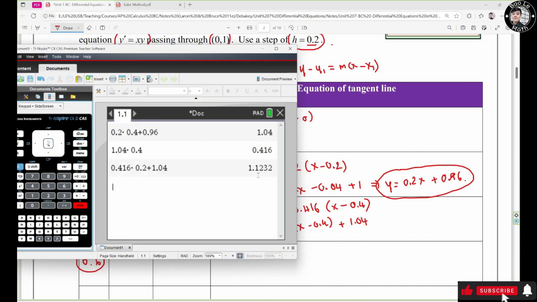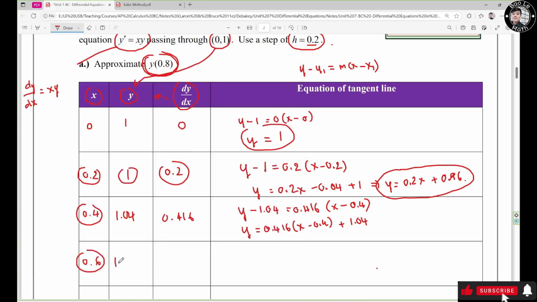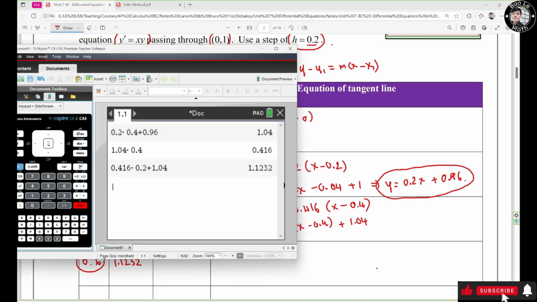The answer is 1.1232, so I have the new y value 1.1232. Now I need to calculate dy over dx, so this guy times this guy: I'm going to multiply by 0.6. The answer is 0.67392.